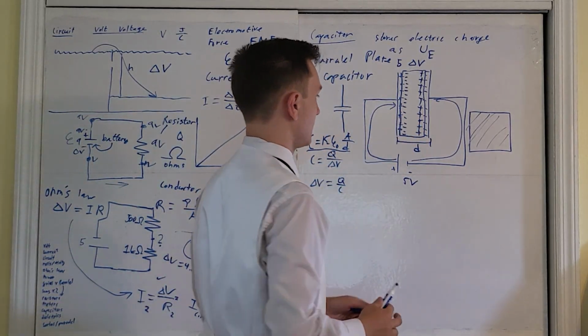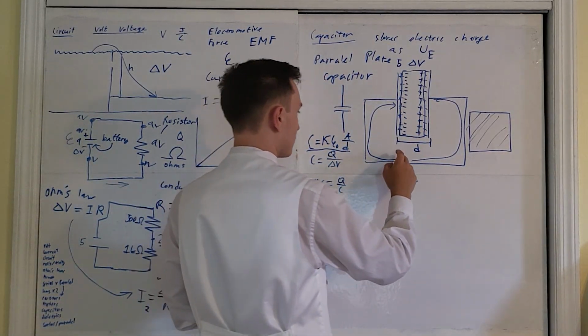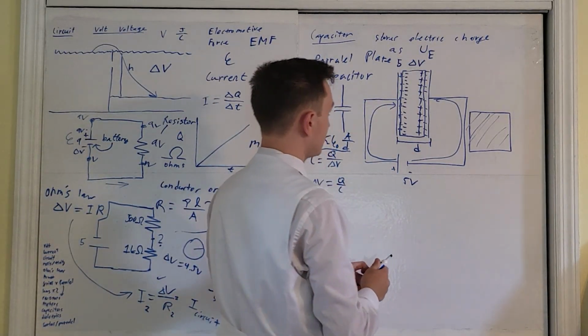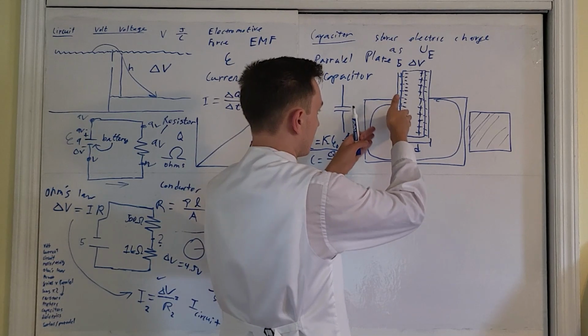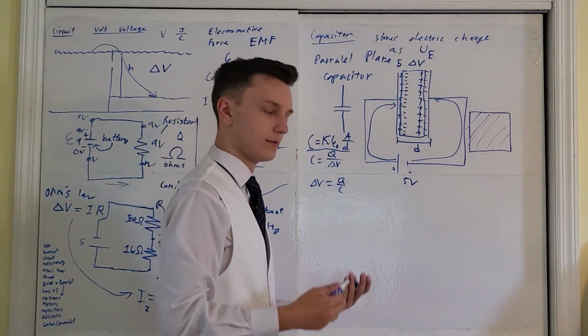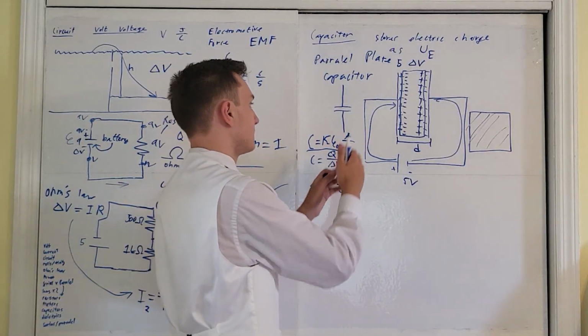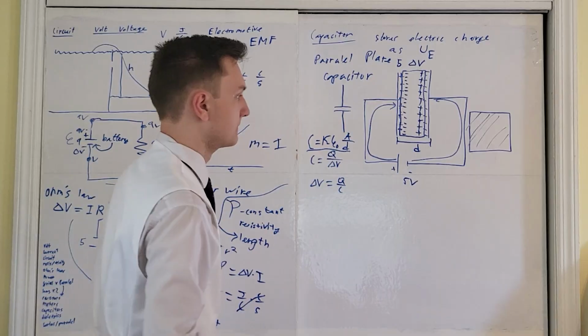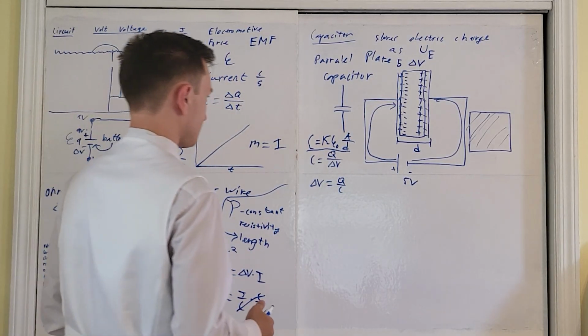Because positive attracts negative. In the same sense, it allows more positive charges to flow from the battery to the positive plate because the negative electrons in the dielectric are attracting them. Or, if it would be more precise, the negative electrons in the dielectric are repelling electrons from the positive plate. Okay?